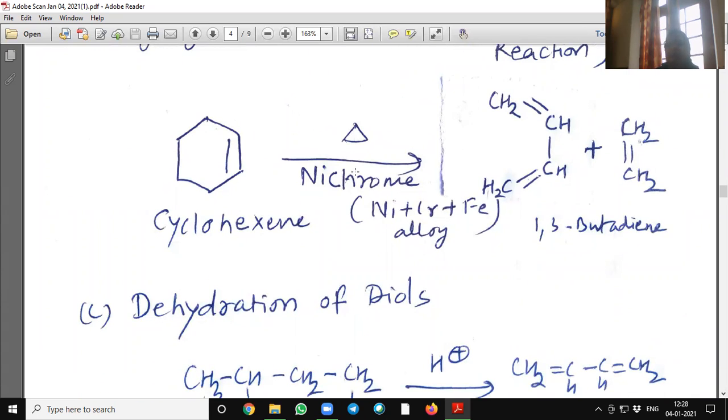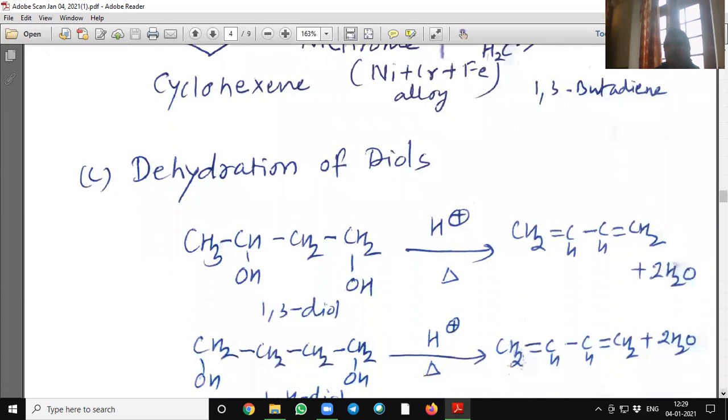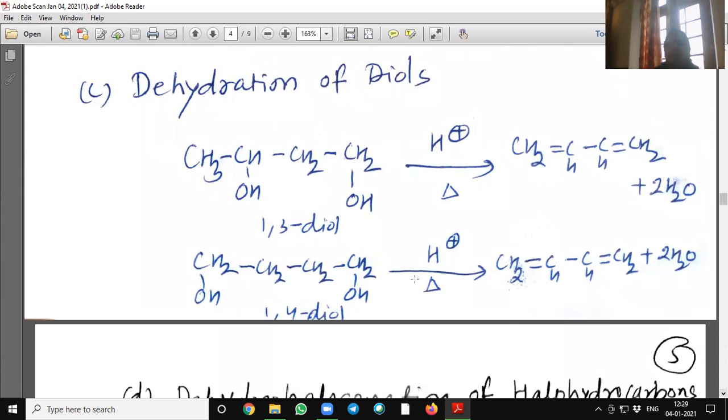Cyclohexene, when heated with nichrome catalyst, a mixture of nickel, chromium, iron alloy, will give 1,3-butadiene and ethene. It is a retrosynthesis. Dehydration of diols. 1,3-diols or 1,4-diols, when heated in presence of sulfuric acid, will form 1,3-butadiene.